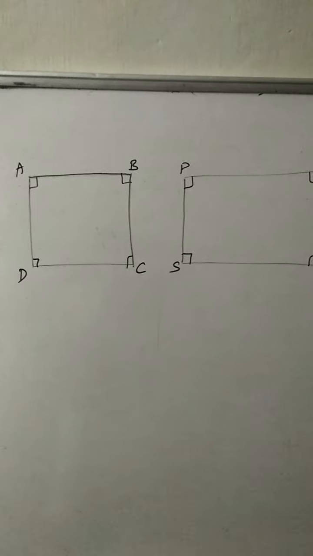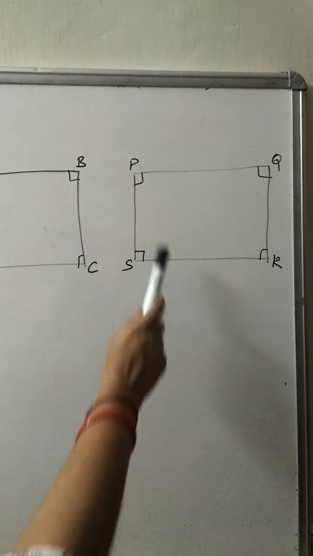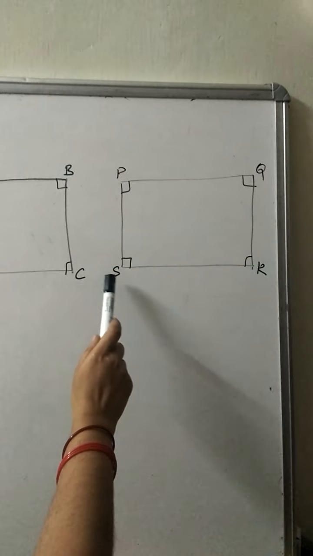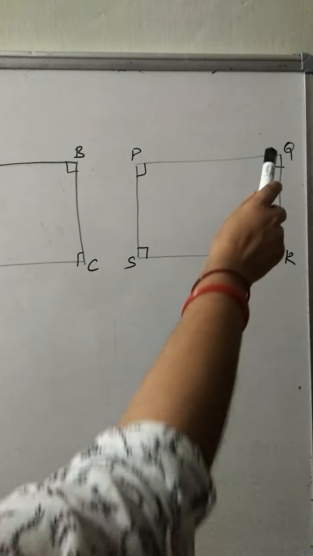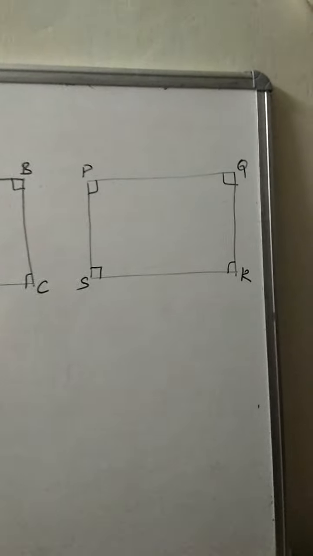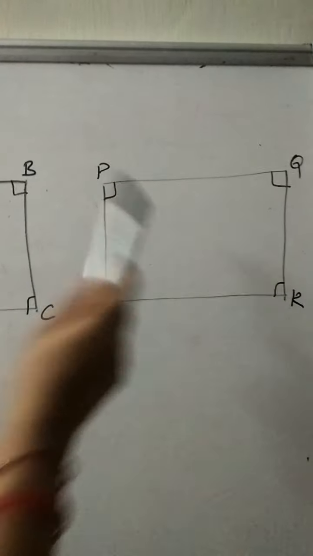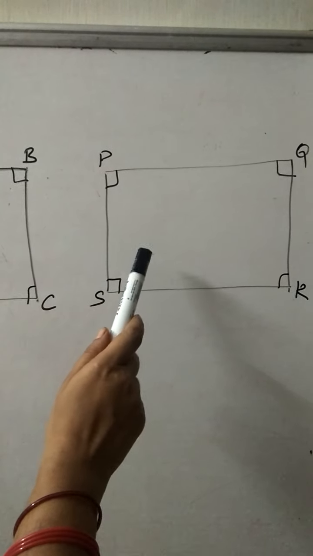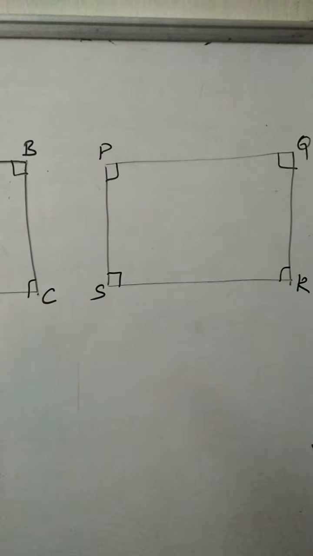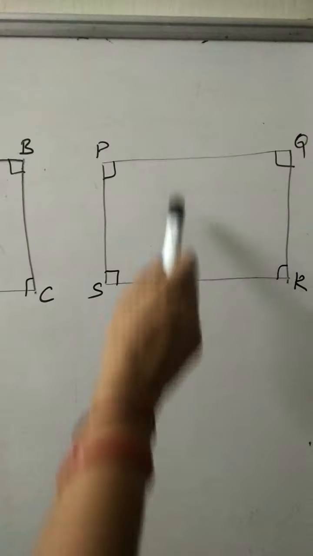Now come to the rectangle. In a rectangle also, opposite sides are parallel. That means PQ is parallel to SR and PS is parallel to QR. This property is similar to a square. Then why can't we call a rectangle a square? Because in a rectangle, all the sides are not equal. Only opposite sides are equal.